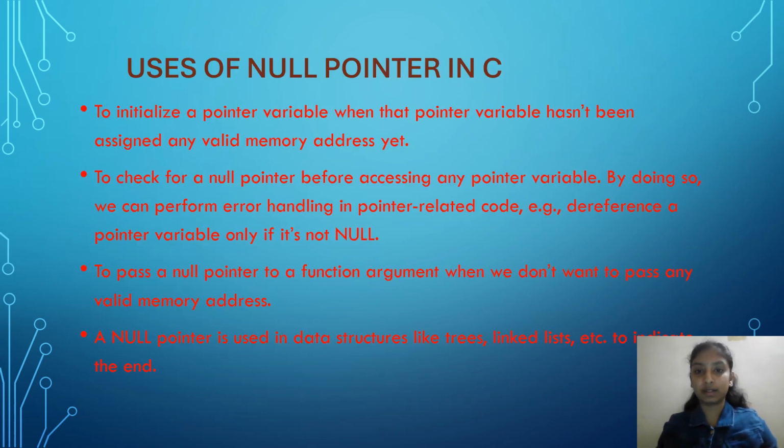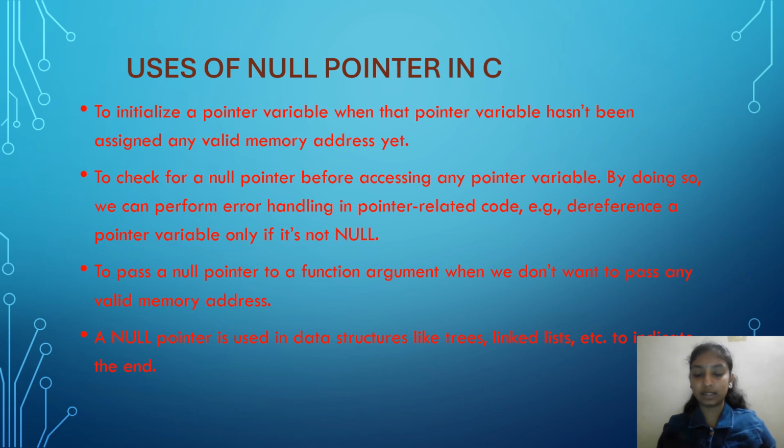Uses of null pointer in C language. Mainly, a null pointer is used to initialize a pointer variable when that pointer variable hasn't been assigned any valid memory address yet. It is used to check for a null pointer before using any pointer variable. By doing so, we can perform error handling in pointer-related code.